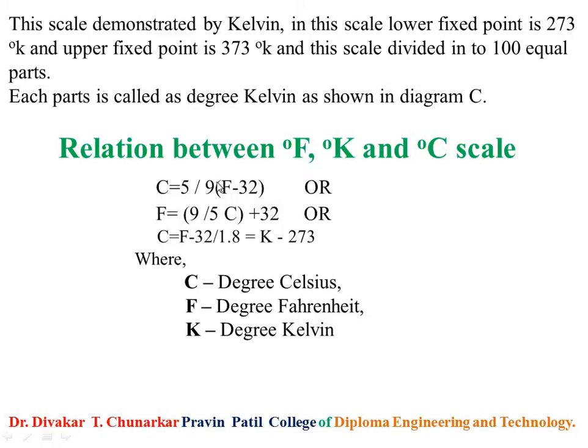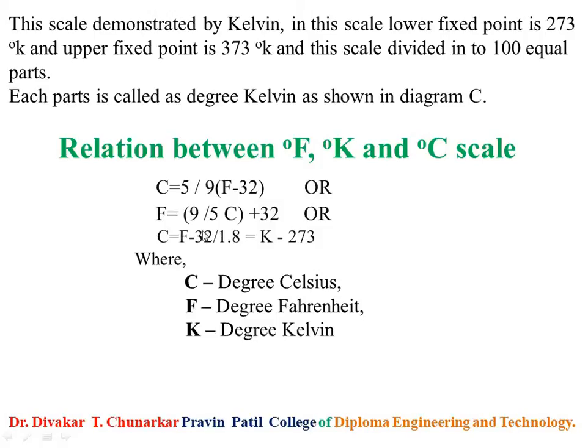So again I repeat these relations. First relation, C equal to 5 upon 9 in bracket F minus 32. This is the relation between Celsius and Fahrenheit only, keep in mind. Second relation, F equal to 9 upon 5 into C bracket complete plus 32.